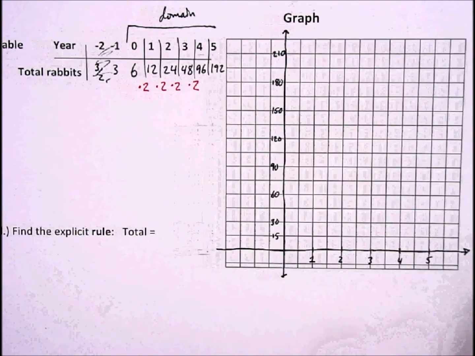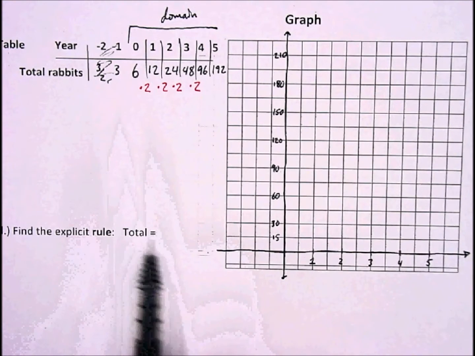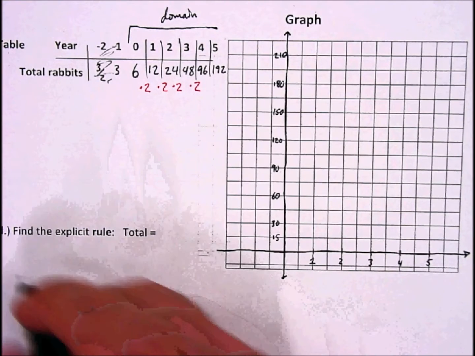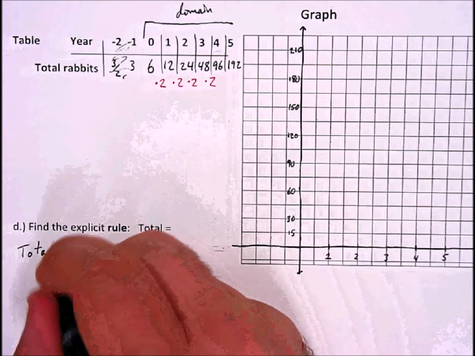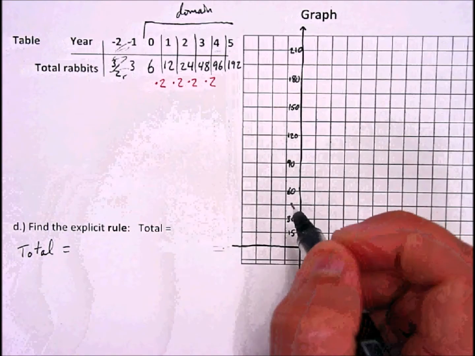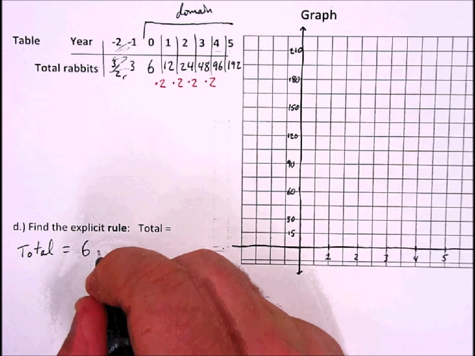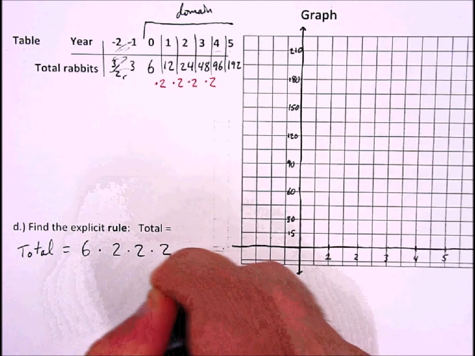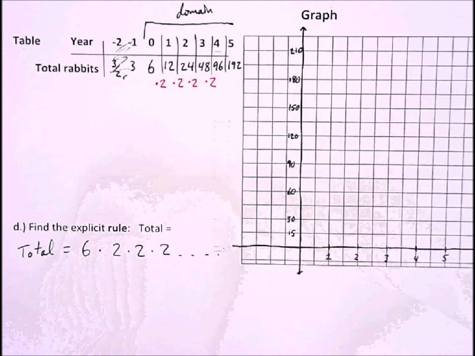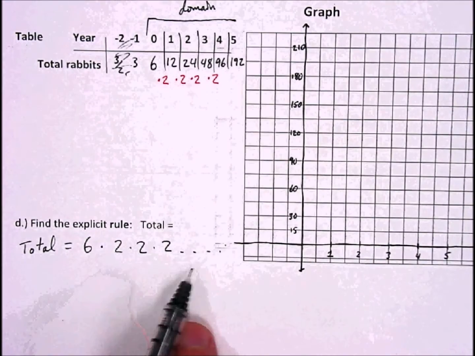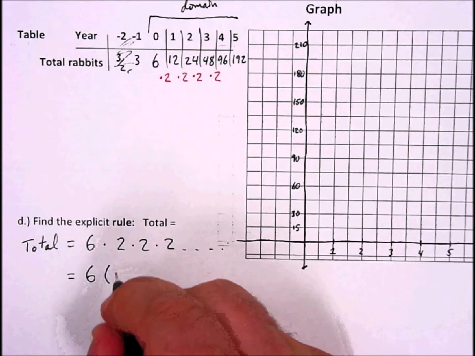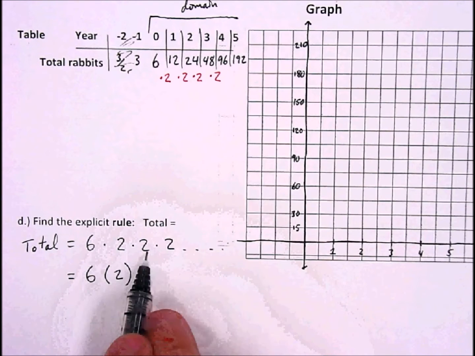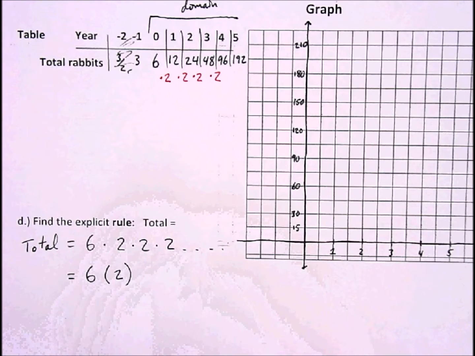How can we describe this table as some kind of an equation or some kind of a rule? Well, I could say my total rabbits is really described as 6 times 2 times 2 times 2 and so on. Right? Well, how do we write that as a rule? Well, I could say I have 6 times 2. How do we show that multiplication is repeating?